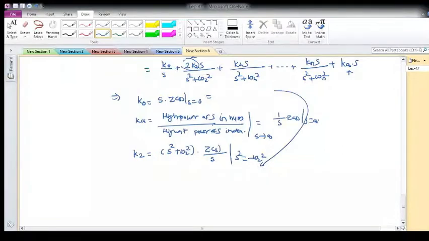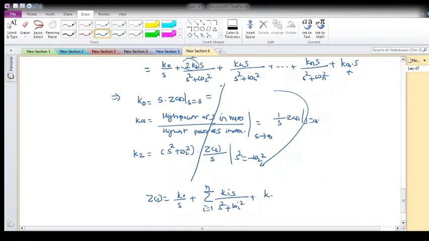Now with this whole part, let me write z of s, which will be one pole at origin, then the addition of i equal to 1 to n, ki divided by s square plus omega i square, plus pole at infinity. These are the removals of different poles, and here there will be n plus 2 poles.